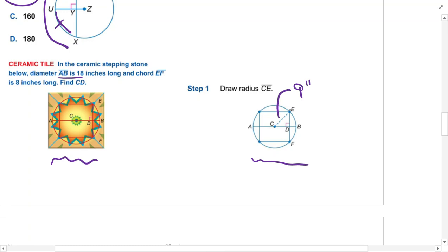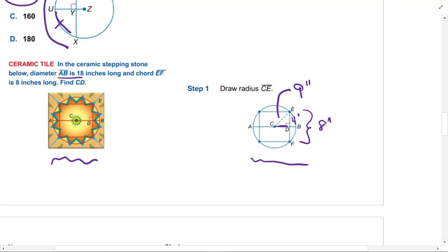We're told that chord EF is 8 inches long. We can see the diameter is perpendicular to the chord, which means it cuts the chord in half, so this is 4 inches long. And we want to find the length of CD.